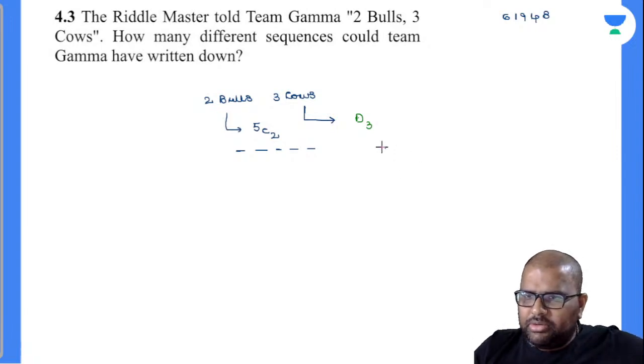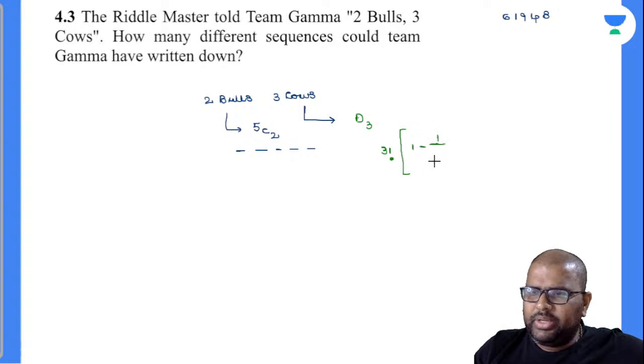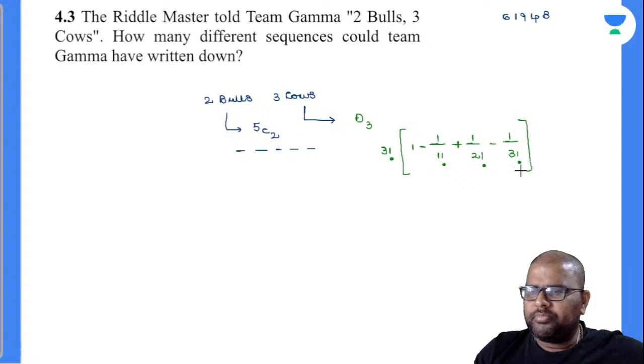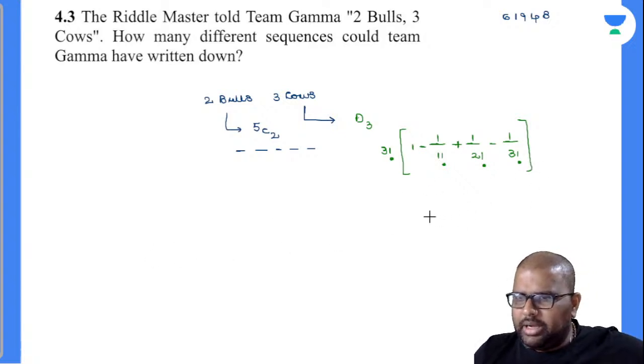Tell me the derangement formula. 3 factorial into, I told you the formula yesterday, right: 1 minus 1 by 1 factorial plus 1 by 2 factorial minus 1 by 3 factorial. Done. Now let me know, right?